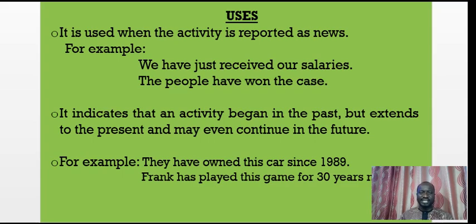Or let's change it: he has owned this car since 1989. Frank has played his game for 30 years now. So it is the perfect tense that we use to express an action that started and extends to the present, or goes into the future.